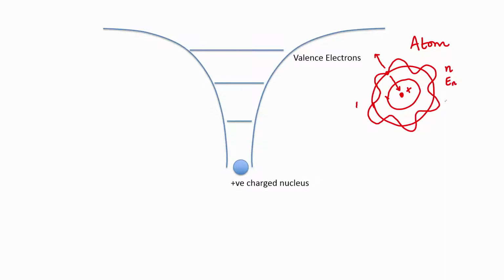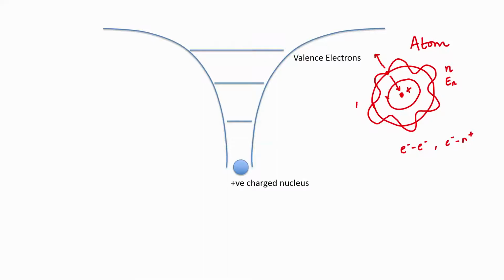Now, if we solve Schrodinger's equation for an atom, the potential energy term will have to take into account electron interactions in the atom and the electron nuclei interactions in the atom. And by solving Schrodinger's equation, we find that for a 3D atom, we will end up with several quantum numbers.